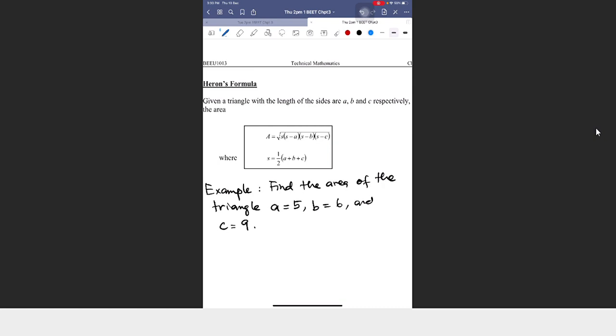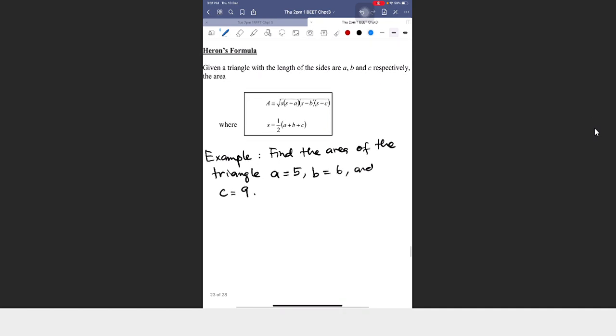But if you have this formula, why would you want to find the angle? That would be more work to do. So might as well straight away find the area using Heron's formula, where you first compute S, because you need S in the formula. S is the sum of all the 3 sides, so 5 plus 6 plus 9, divided by 2. 5 plus 6 is 11, plus 9 is 20, divided by 2.